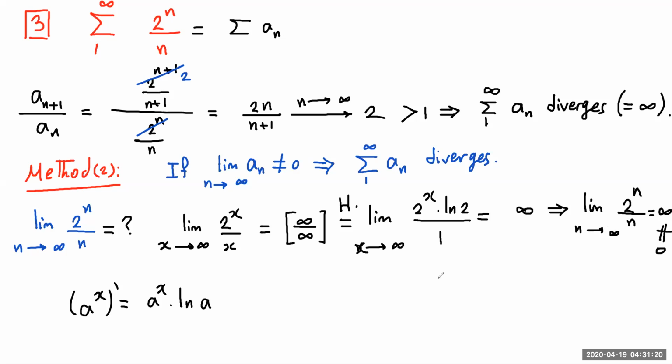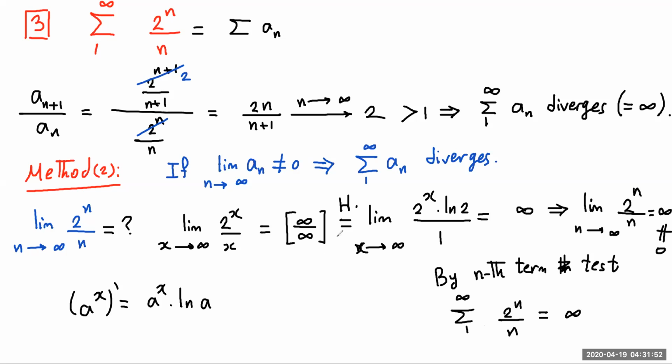So now using the nth term theorem, or test, it's right, the nth term test, sigma 2 power n over n, n from 1 to infinity, diverges. The answer is infinity.